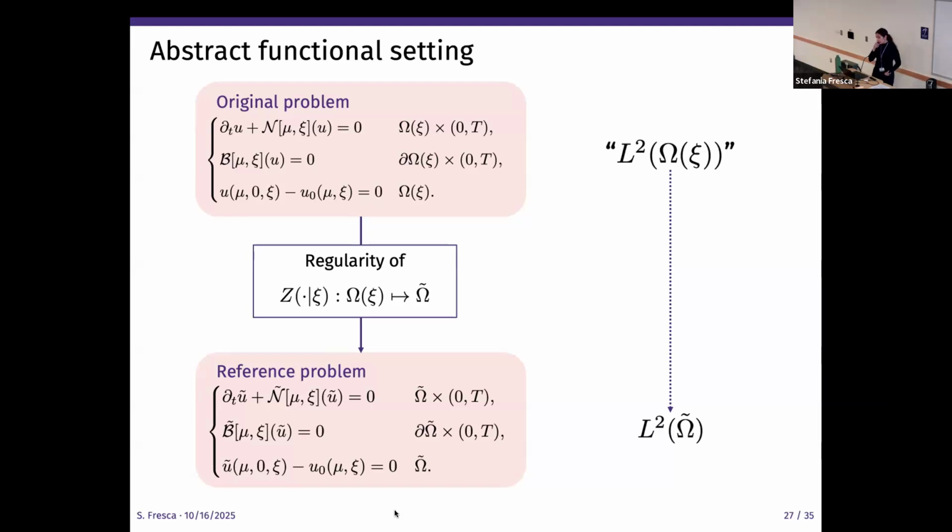In doing this, we employ a special mapping Z characterizing the deformation from the original configuration to the reference domain, and vice versa, obviously. And to do that, we need to require sufficient smoothness of Z and its inverse. But the point is that now, in this functional space, it is possible to have a solution manifold which is well-defined.